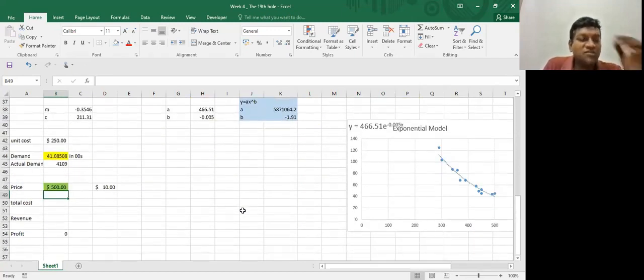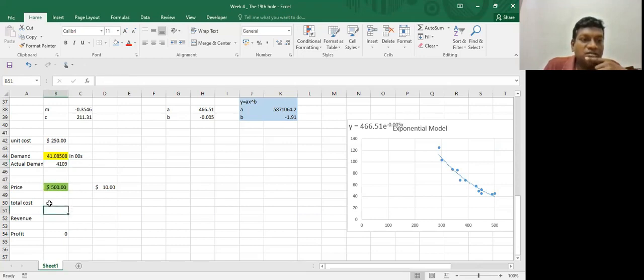Now let's move on and look at the total cost. Let's say, for instance, your actual demand is 4109. The total cost is 4109 multiplied by the unit cost.